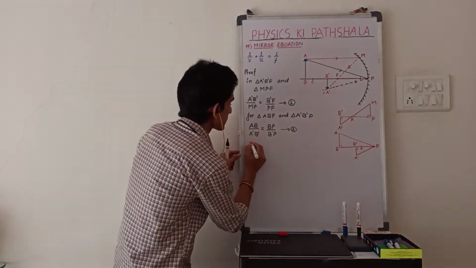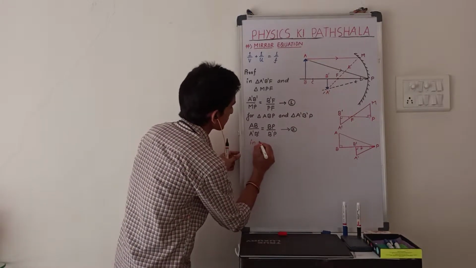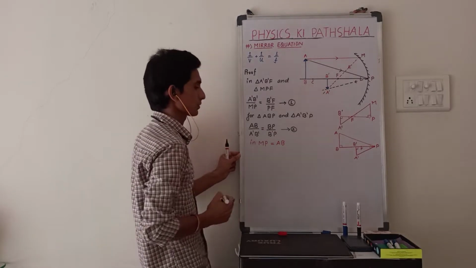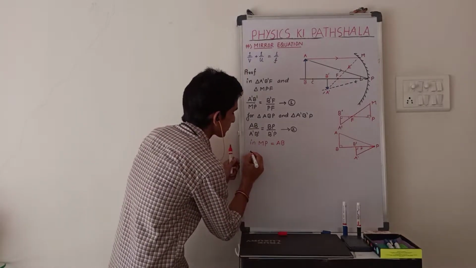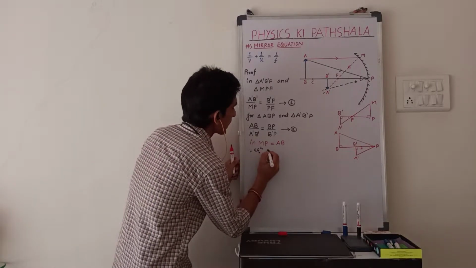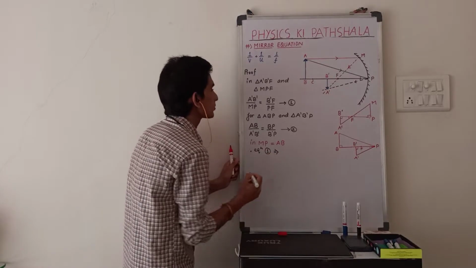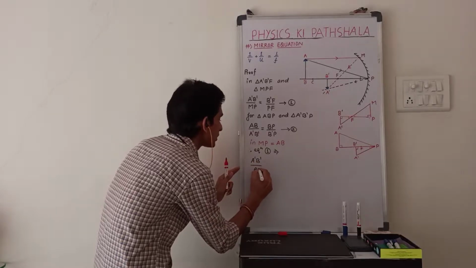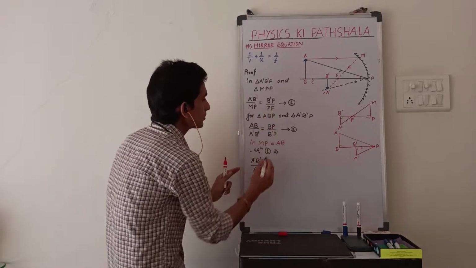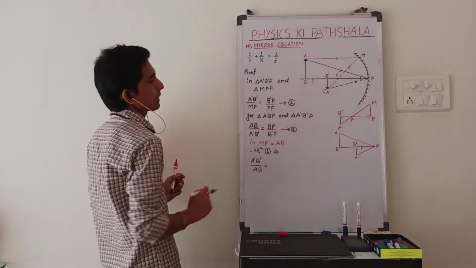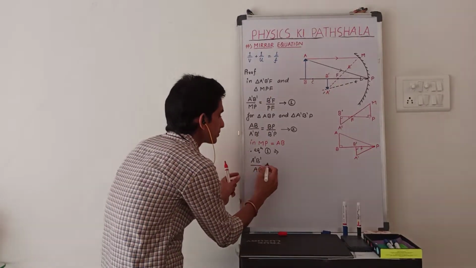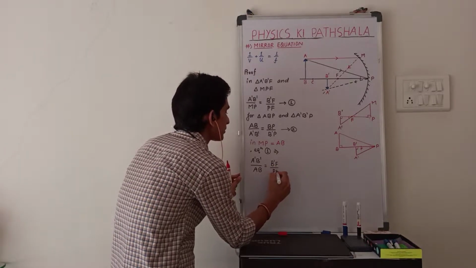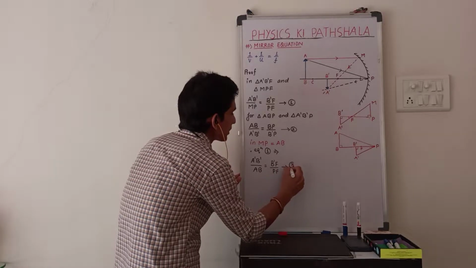So we can say since MP is equal to AB, therefore equation 1 can be written as A prime B prime upon AB is equal to B prime F upon PF. Now we call this as equation 3.